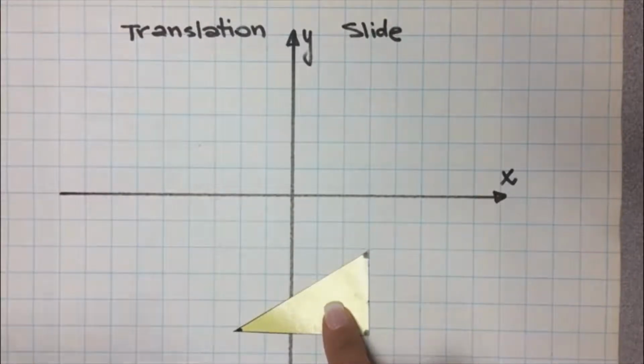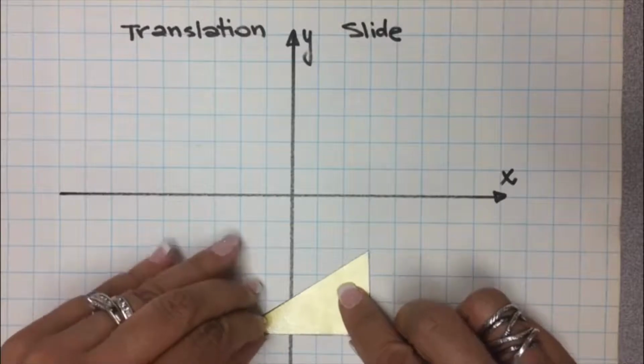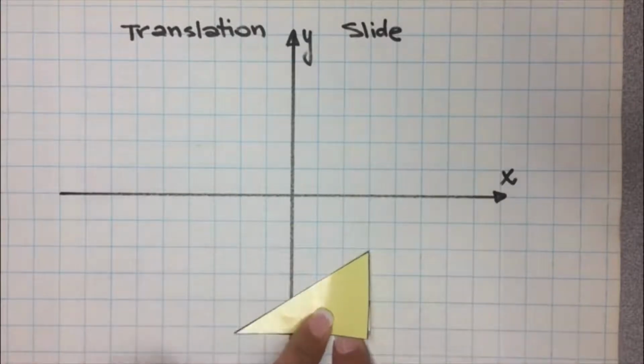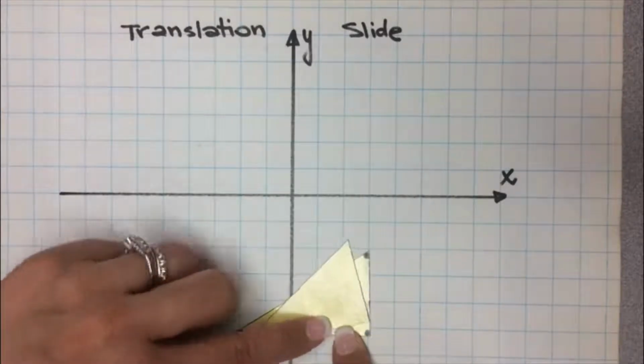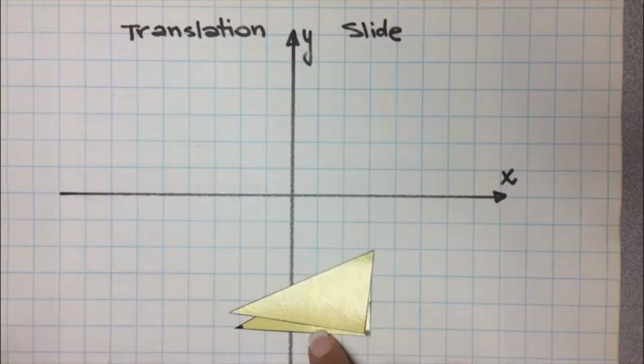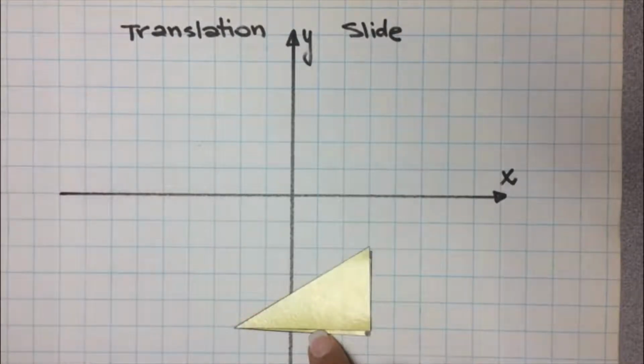coordinate plane. If I have, let's say, the pre-image and the image overlapping, and then I need to translate, meaning slide my figure up 4 units and then to the left 5.